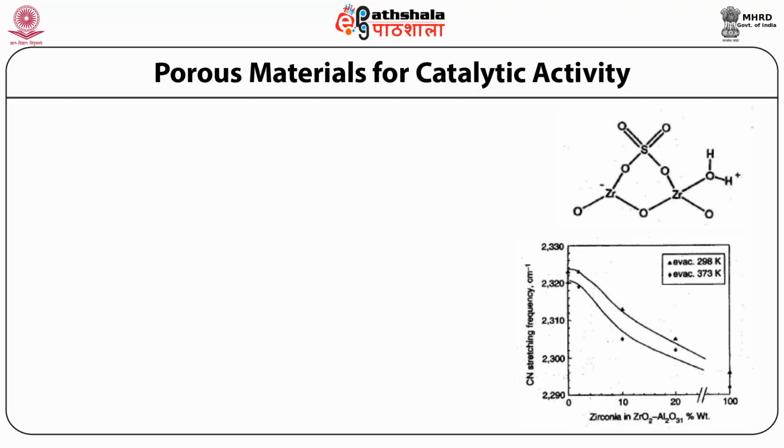Sometimes a heat treatment introduces a phase change of catalytic importance, as in the case of hydrous zirconia, which transforms from a high surface area amorphous state to a low area tetragonal phase at 450 degrees Celsius.